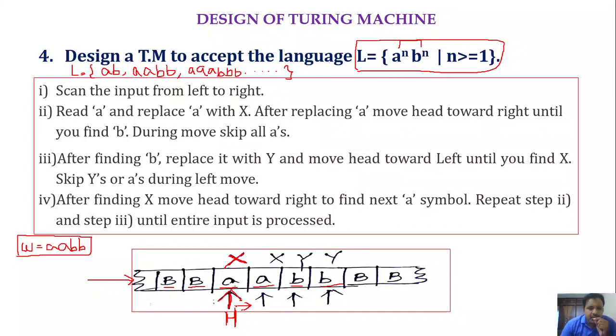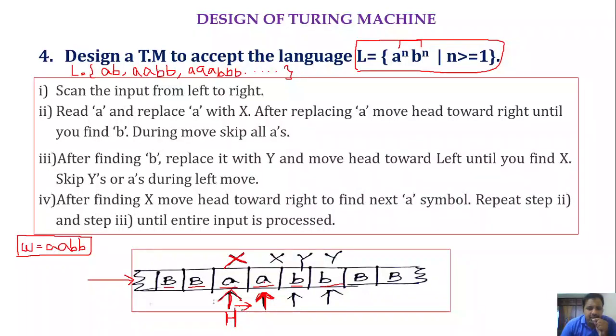I have taken this initial a symbol and replaced it with x, and I move the head towards the right. Now the head is pointing to the second a. As I am searching for the b symbol but I got an a symbol, I have to skip that a.